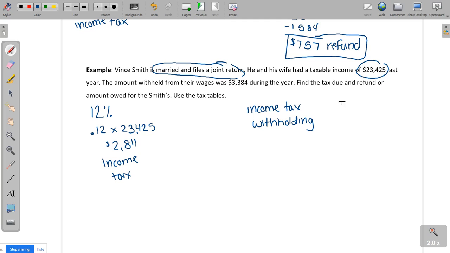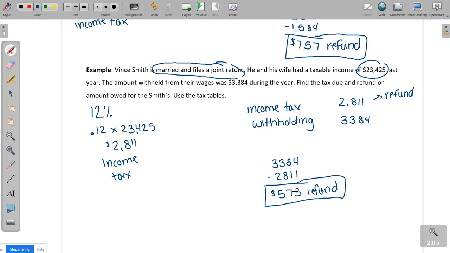Our income tax we calculated to be $2,811. Our withholding tax is $3,384. So we're going to receive a refund, but we need to know how much. So subtract the two amounts. When we subtract, we get $573, and that is going to be in the form of a refund from the government.